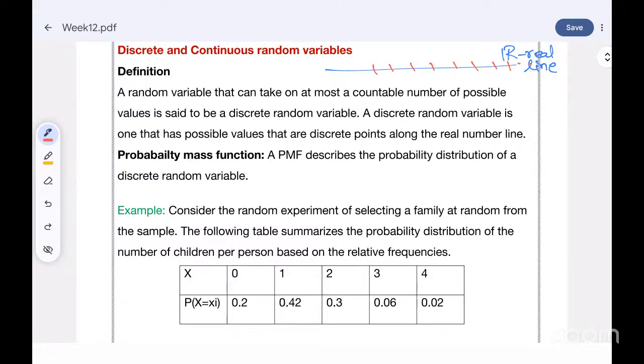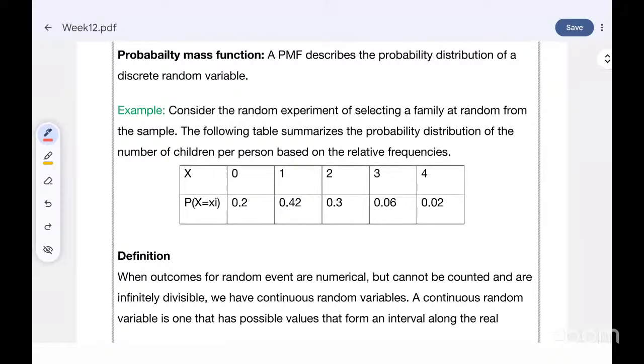For example, suppose you are collecting the details of how many children there are per family, and you have some distribution like this. In this case, P of x is always greater than or equal to 0, and the summation of all these probabilities is equal to 1.